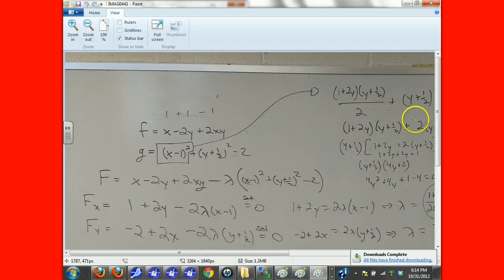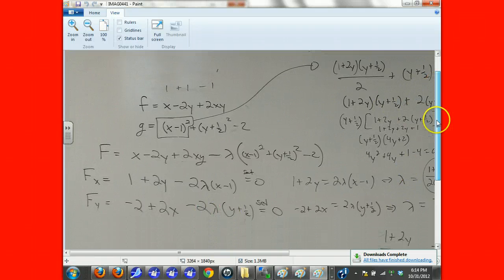So anyway, we take an x partial. We get 1 plus 2y the same, and then minus 2 times quantity x minus 1 times lambda. Take a y partial, same, but minus 2 times quantity y plus a half times lambda. We set both of these equal to 0, and the best attack is to solve for lambda in each. You should have this in your email now.